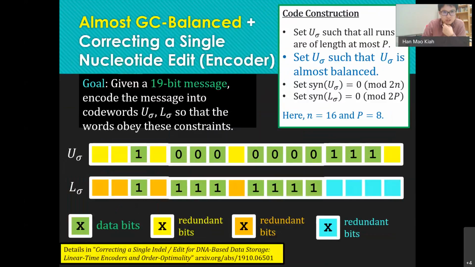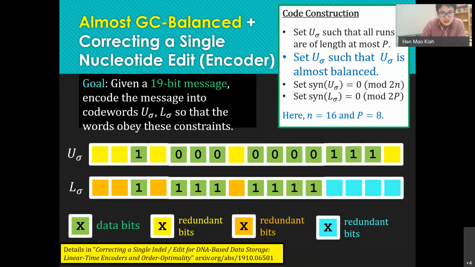Now to enforce the GC balance, we can do the following. In the interest of time, I'm just going to demonstrate the encoder via a simple example, and you can check out the details here. I want to get GC balance and also satisfy all these conditions.